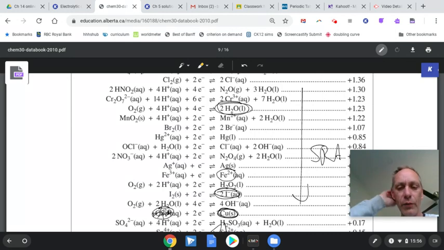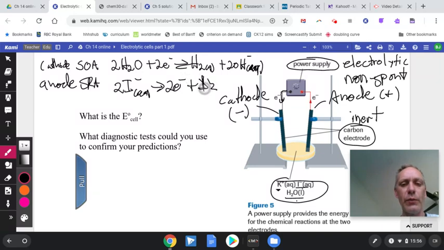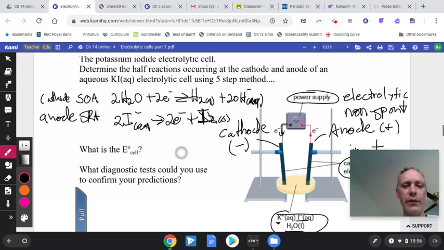So it looks like on this one, 2 I minus is the strongest reducing agent. Anode: 2 I minus lose 2 electrons and become iodine, solid. Okay, that's the half reactions of the anode.